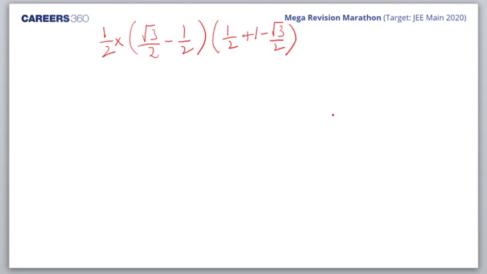This is the area of the trapezium ABCD, and minus the integration of (x - 1/2)², which would be (x - 1/2)³/3. I'll have to put in the limits 1/2 to √3/2. Now, can I skip the solving of this? It will take a long time.